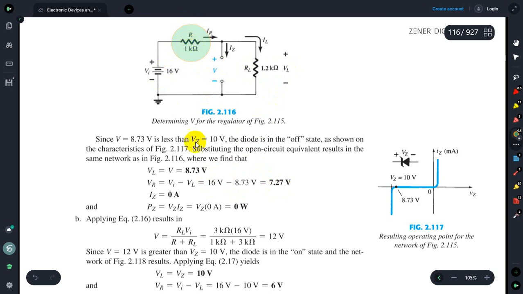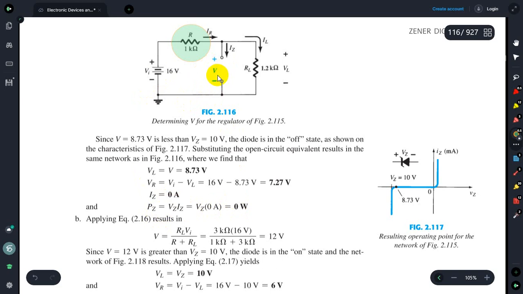And what is IZ? Since this is open circuit, IZ equal to 0. And what is the power distribution? Since IZ equal to 0, power dissipation is 0 watt. Now replace this zener with the equivalent voltage.